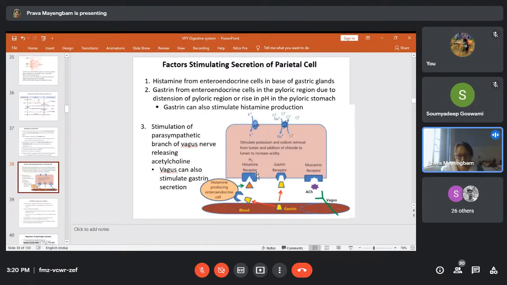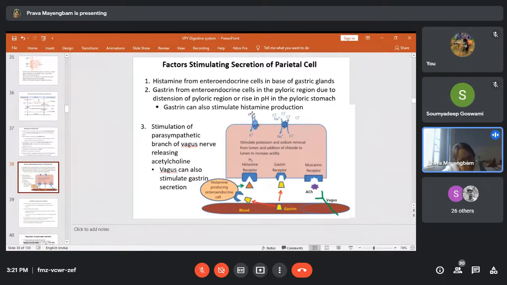Because of this binding, this will activate more and more pumping of potassium inside and more pumping of chlorine outside.